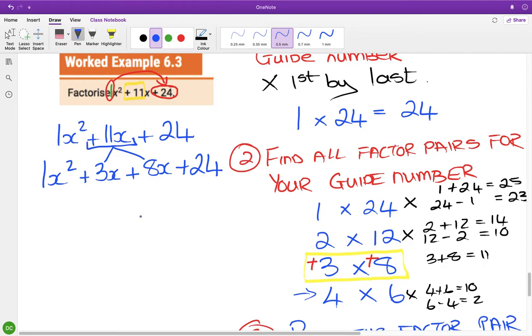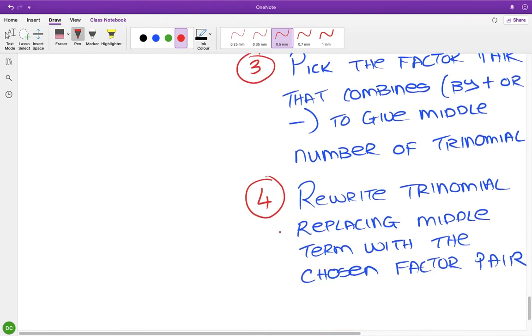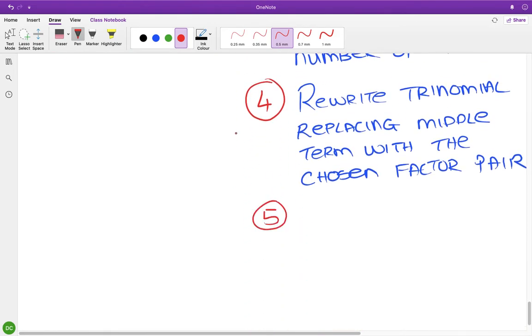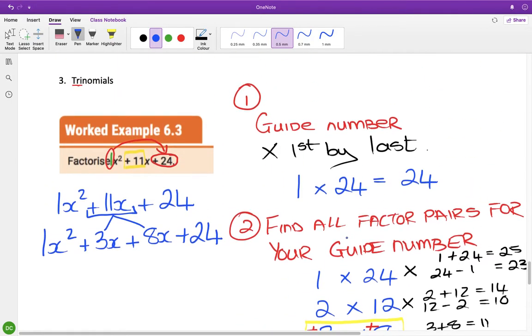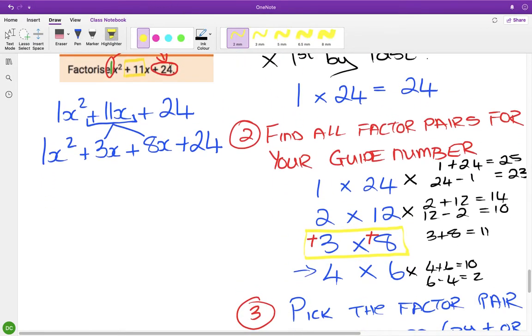Yeah? Okay, so now this bit you should actually know how to do. We're going to factorize what we're looking at, and we're going to use what we learned when we were doing the grouped highest common factors. I'm going to pair off my first ones, and I'm going to pair off my second ones.